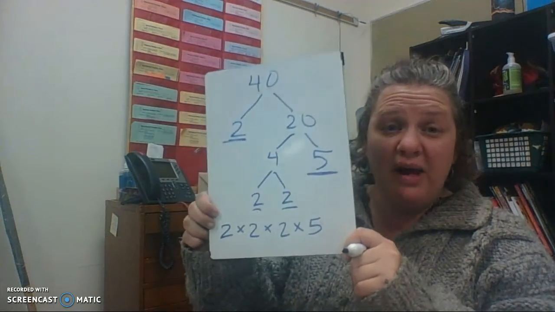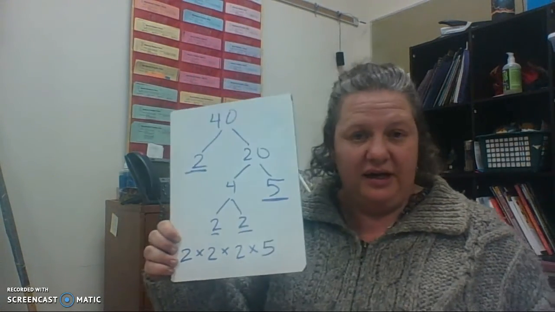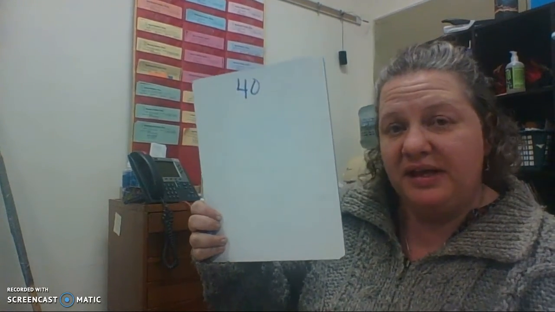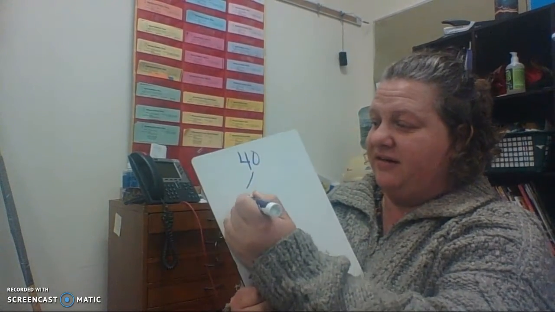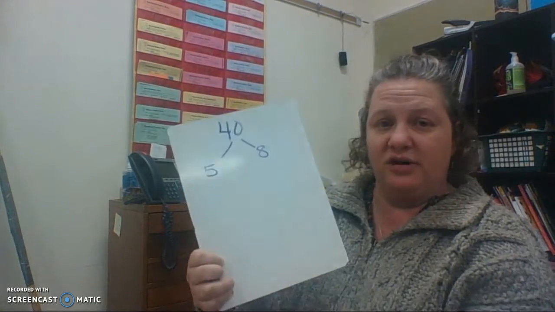Now, you may have gotten to this a different way, and let me show you how that works. I'm going to do 40 again and just show you that even though you might use a different order in which you split 40 up, you're still going to come out with the same answer. So another thing that equals 40 is 5 times 8 equals 40, right?